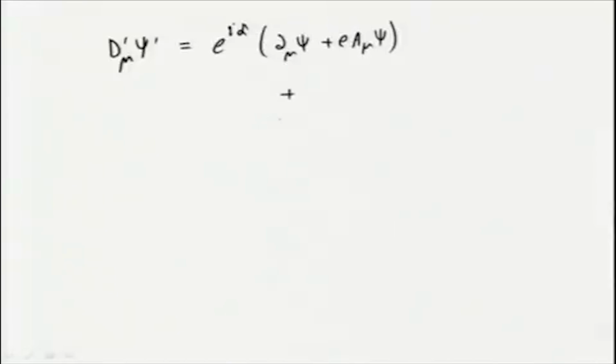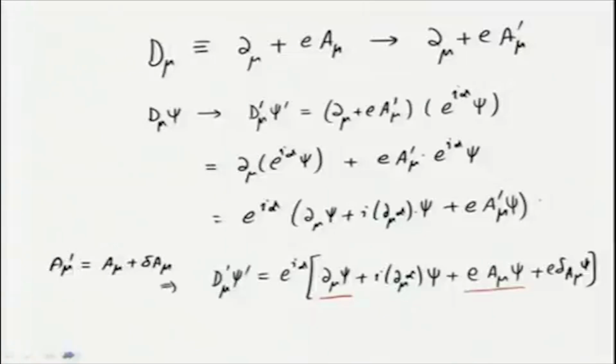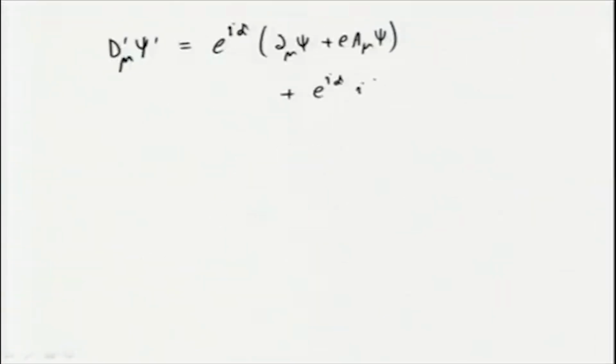Then you have e power i alpha and i dou mu alpha psi plus e power i alpha e delta A mu psi.